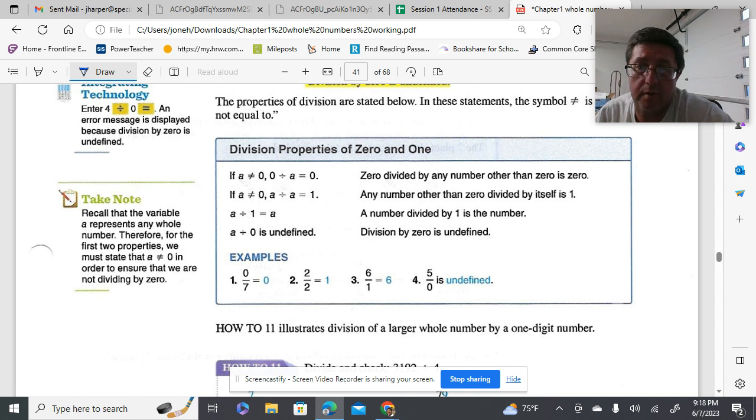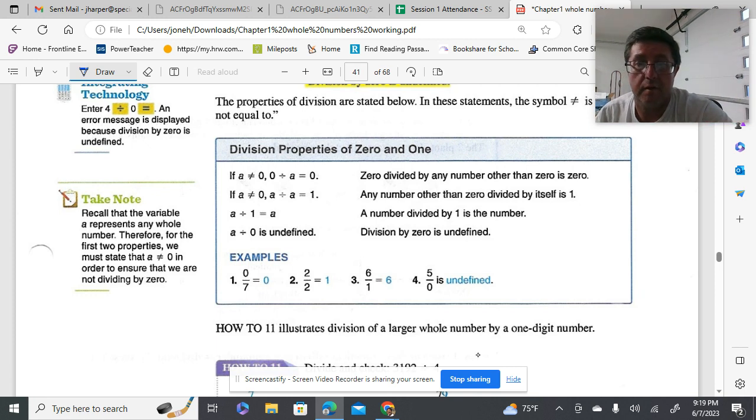Division properties of 0. 0 divided by a equals 0. If a does not equal 0, a divided by a is 1. So these are the properties.